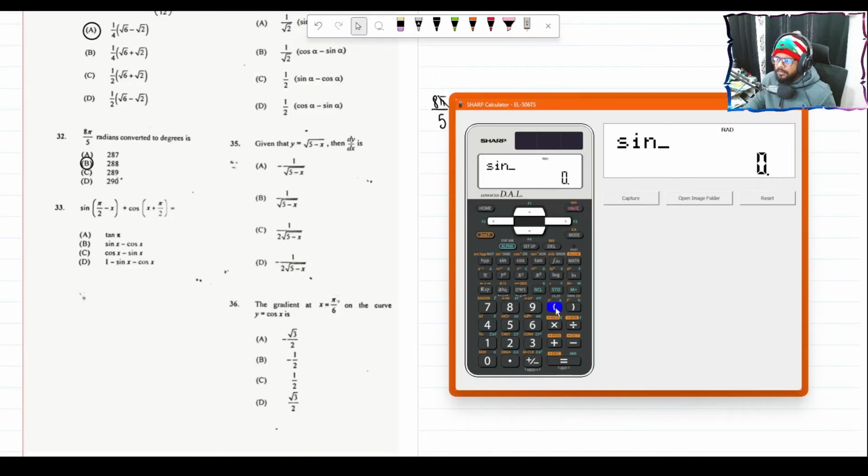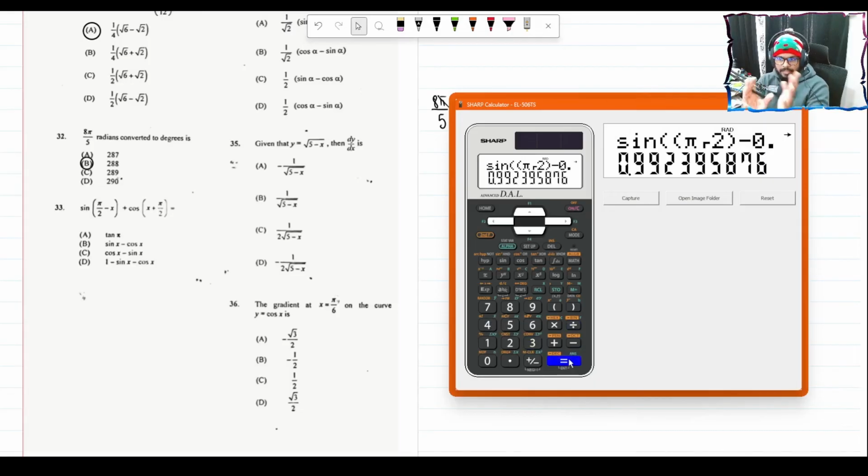So I have sine of pi on 2, I'll put the pi on 2 in a bracket, take away 0.1234. Close bracket.